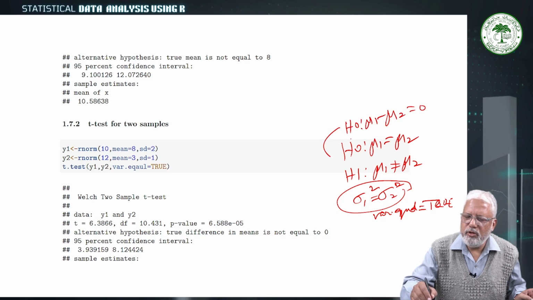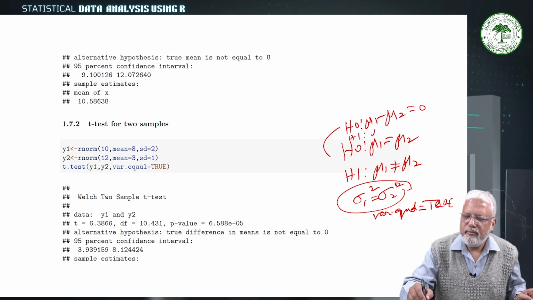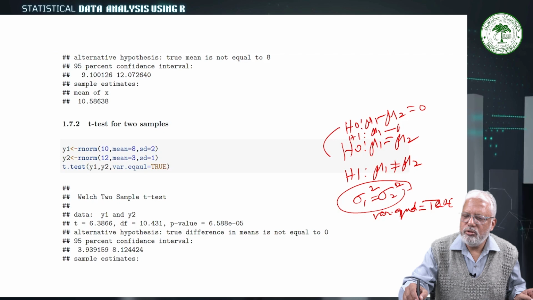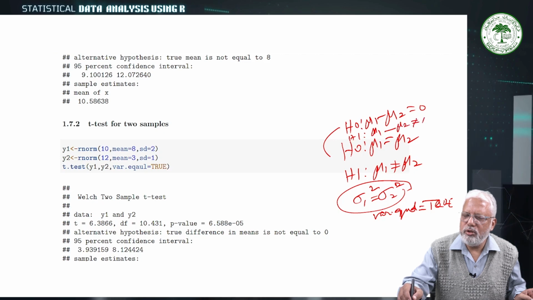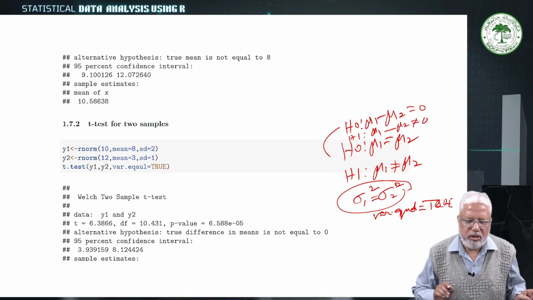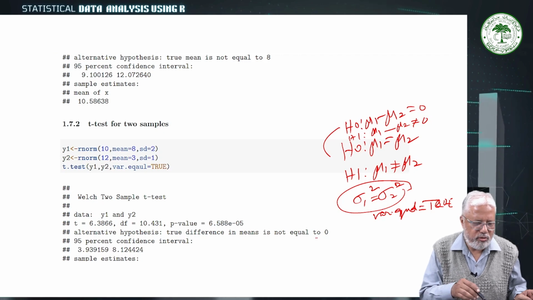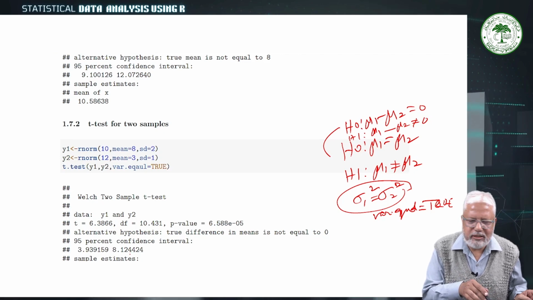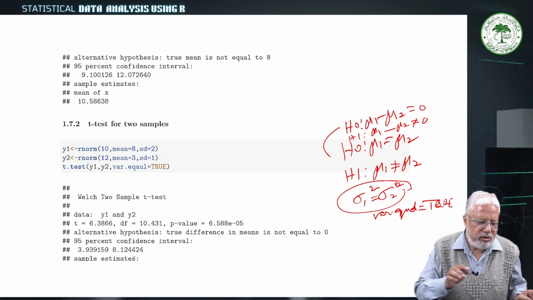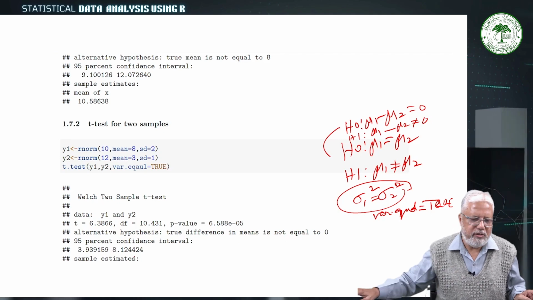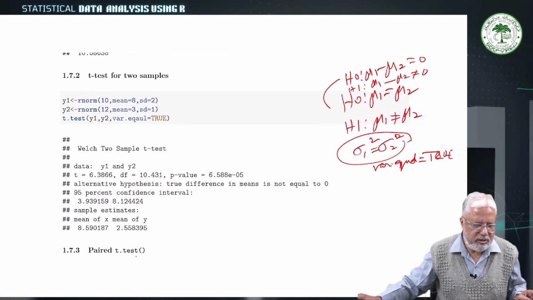So the alternative H1 will be mu1 minus mu2 not equal to 0. That alternative is here, not equal to 0, and the 95% confidence interval does not contain this 0. So our H0 is being rejected.